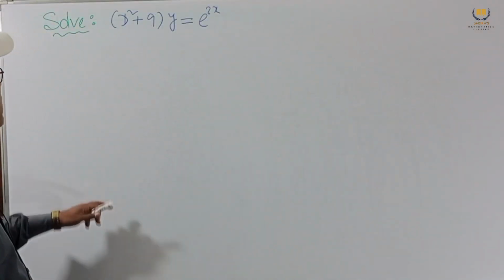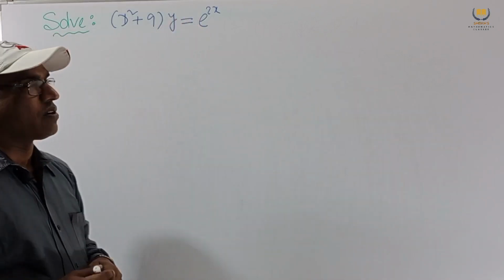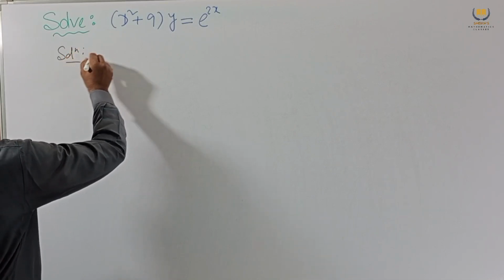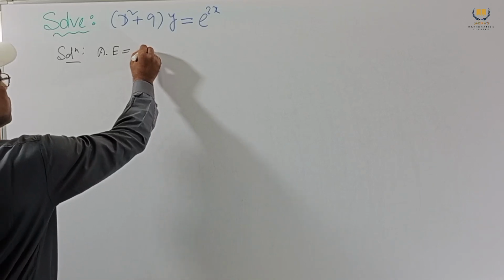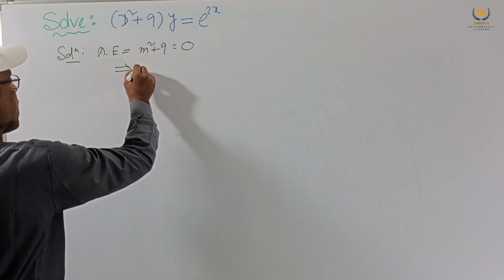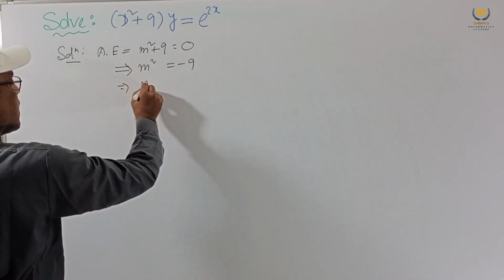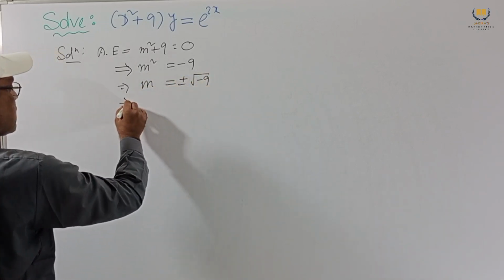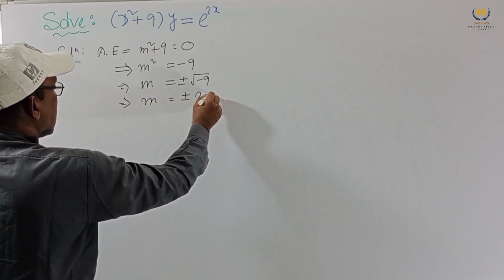Consider this problem: (D square plus 9) y equal to e to the power 2x. Now I want to solve this problem. First we find the auxiliary equation, m square plus 9 equal to 0. m square equal to minus 9, m equal to plus minus root over minus 9, m equal to plus minus 3i.